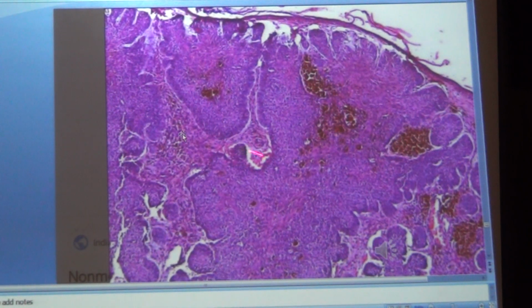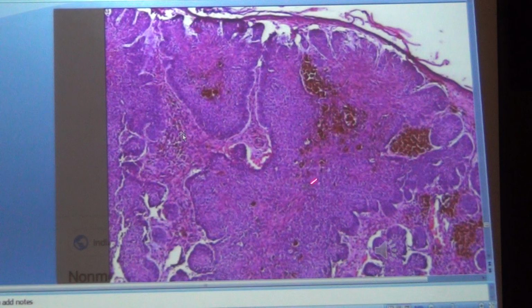Basaloid cells with palisading and retraction, and the stroma shows infiltration by lymphocytes. This blackish pigment is melanin. I told you some basal cell carcinomas may contain melanin, and clinically a clinician can mistake it for melanoma.